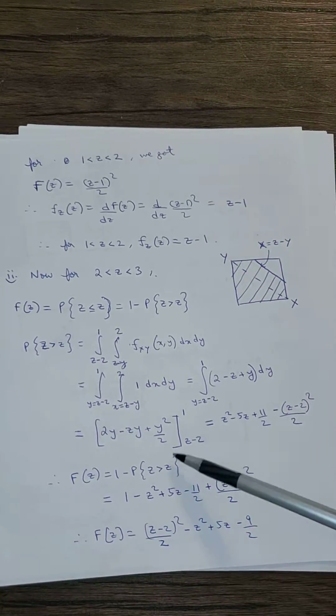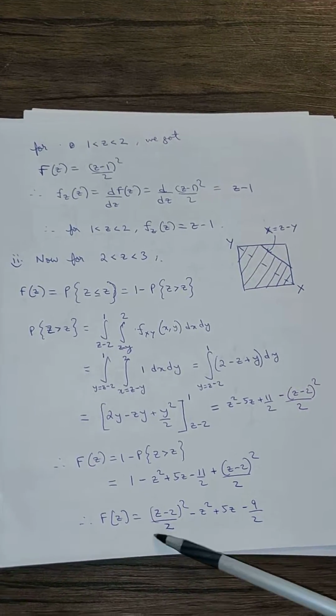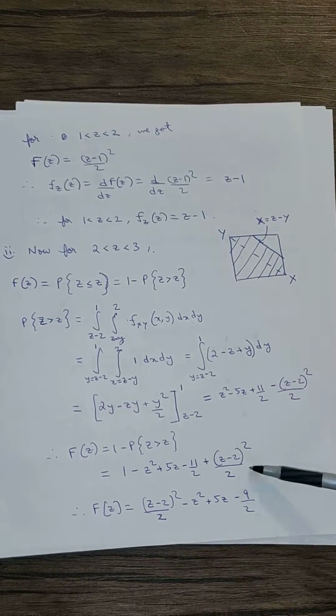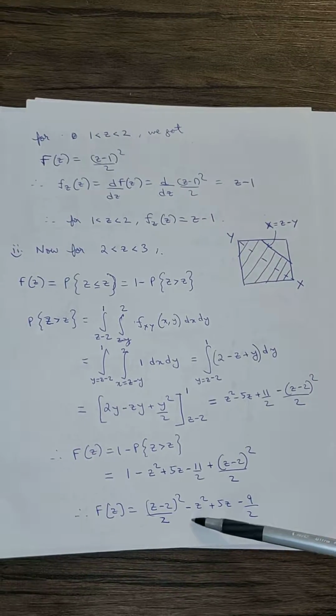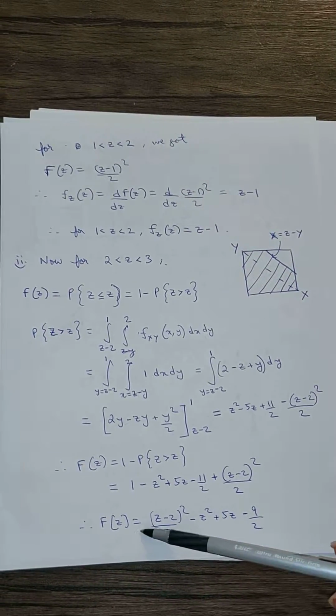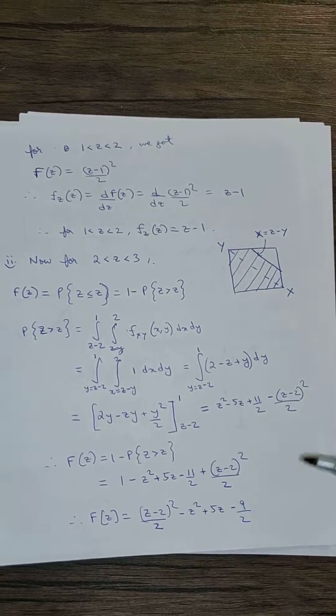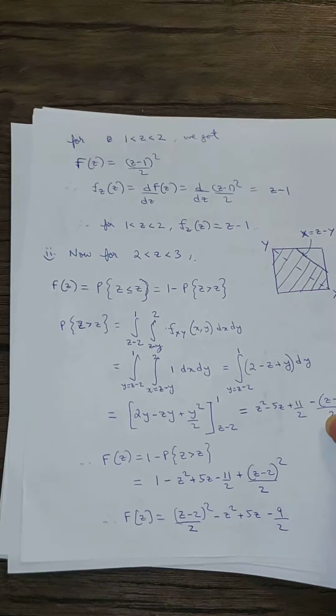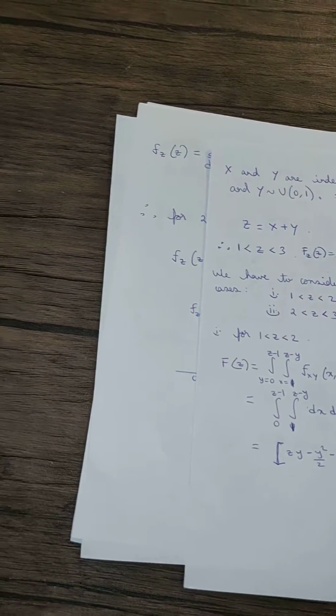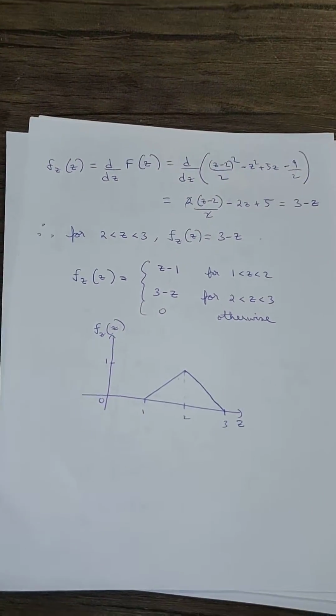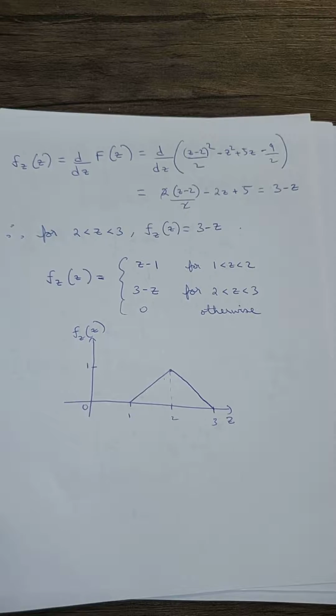Solving this big integral, we get the CDF (Z minus 2) whole square by 2 minus (Z square plus 5Z minus 9) by 2. Now we differentiate this with respect to Z, and we get 3 minus Z.